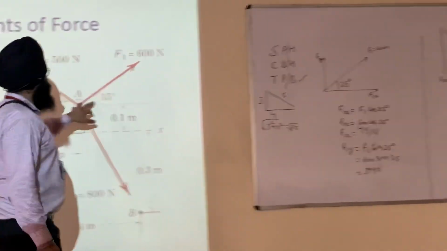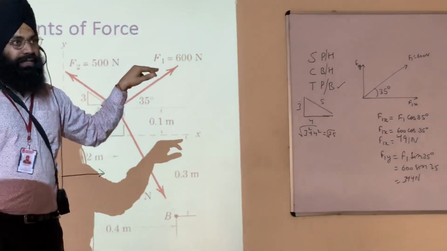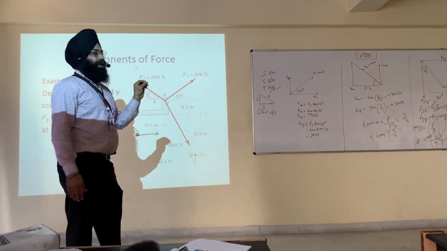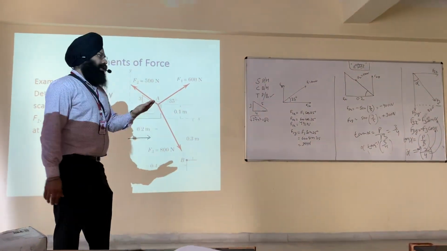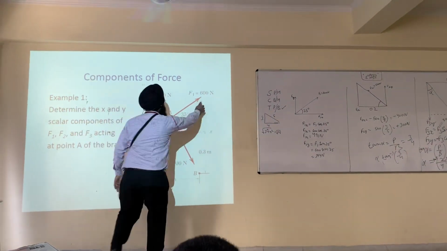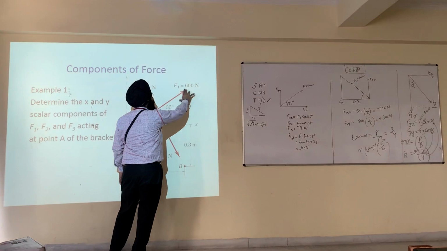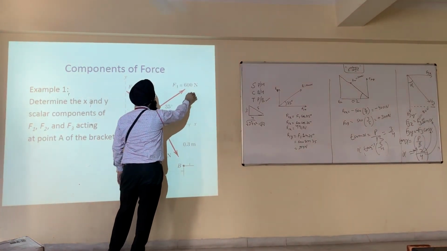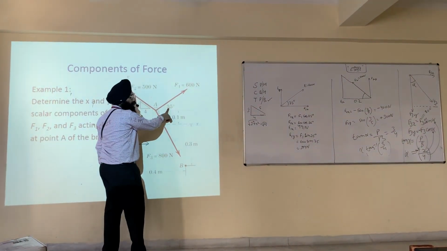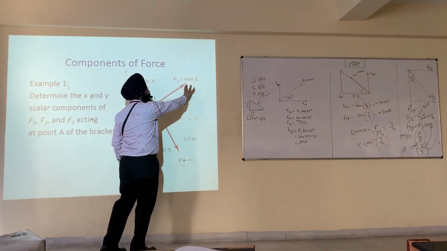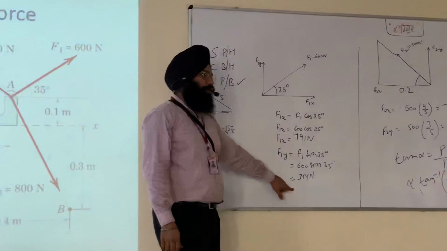So the value of F1x is simply 491 Newton. Similarly, for F1y, we know that F1 into the sine of 35 degrees, because it is perpendicular over hypotenuse, gives F1y. So we get the value 344 Newton.